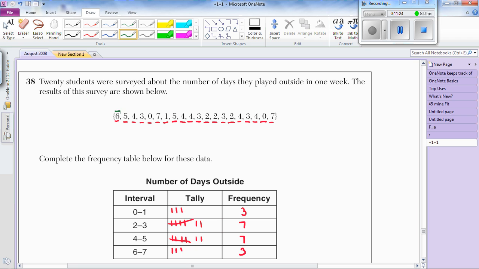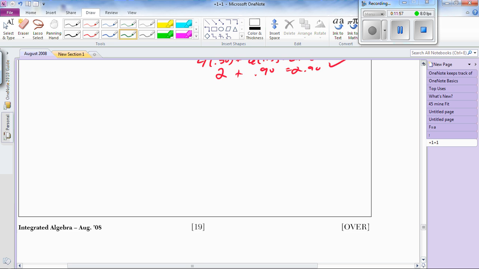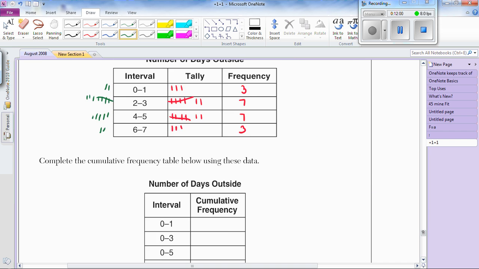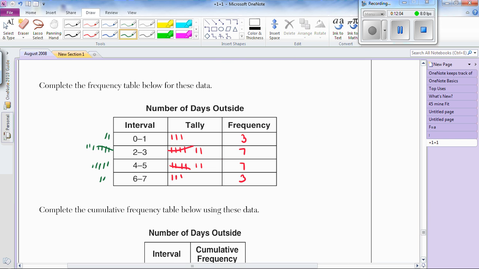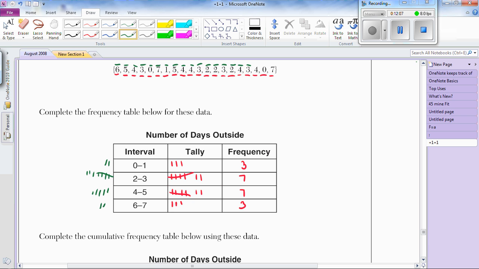Check it again. 6, 5 and 4, 3 and 0, 7 and 1, 5, 4, 4, 3, 2, 2, 3, 2, 4, 3, 4, 0, 7.